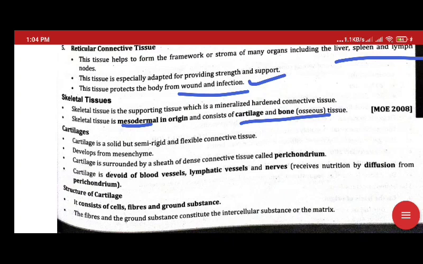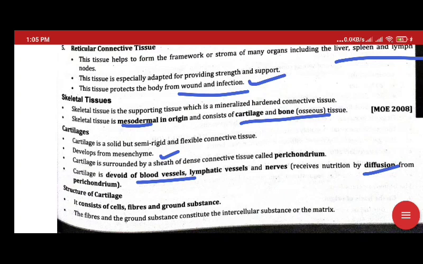It is developed from mesenchyme, derived from the mesoderm, with cells forming the matrix. It has no blood vessels, like epithelium, and receives nutrition by diffusion from simple epithelium. It has two types, that is cartilage and bone.